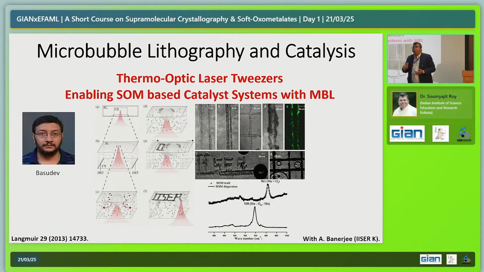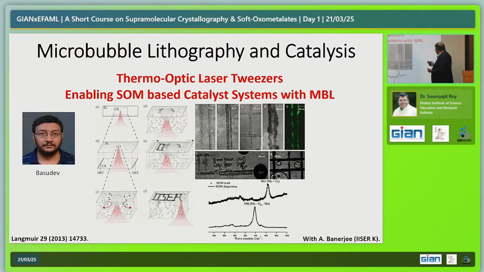That was the original idea. But then this was what we saw, and with this transition Vasudev was able to write patterns, and with this we wrote patterns like IISER. You can read it. That is the name of our institution. And now, as I said, we can write any kind of pattern, whatever we want to write.